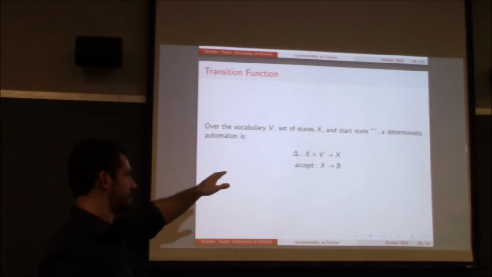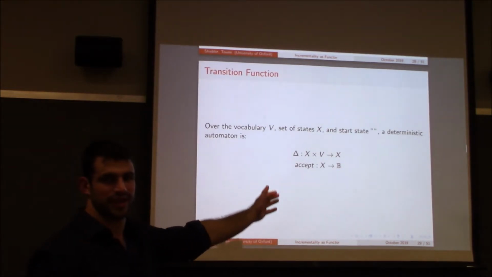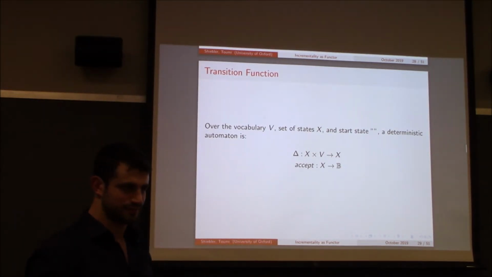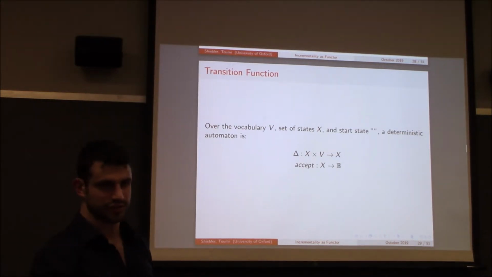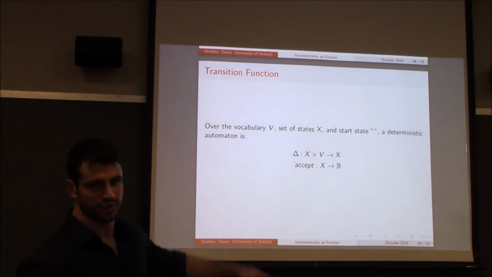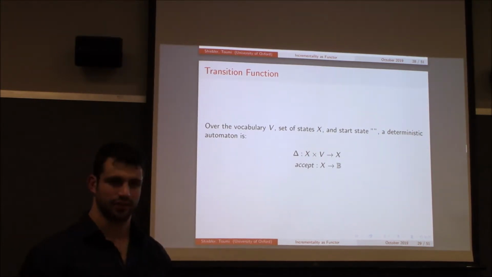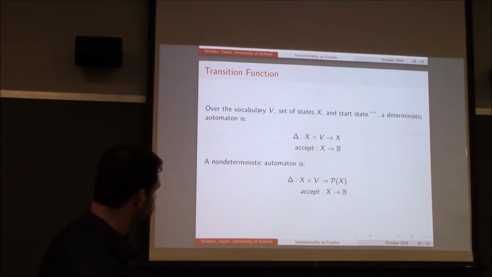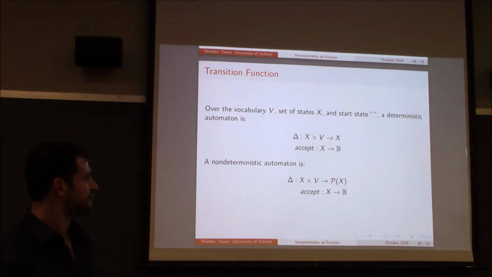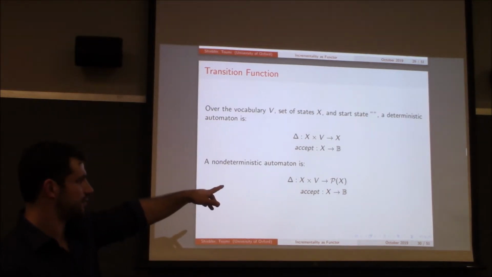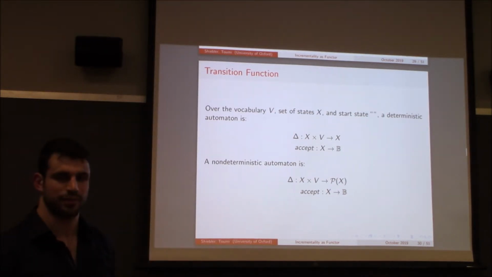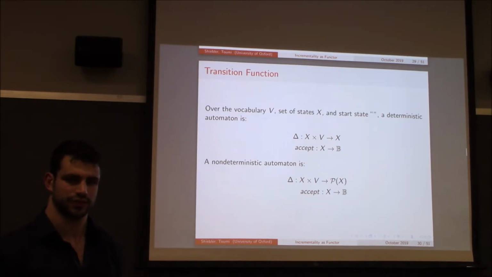One function takes a state and an element of our vocabulary and returns the state that we're transitioning to. The other function maps our states to whether or not they're an accept state, so the B here is the booleans. A non-deterministic automaton is the same thing, except our function can now map to the power set of states rather than just a single state.